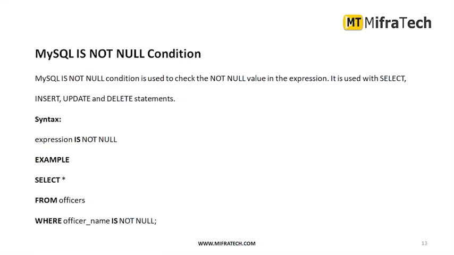NOT NULL, I have previously given the example. The MySQL IS NOT NULL condition is used to check for a non-NULL value in the expression. It is used with SELECT, INSERT, UPDATE or DELETE. We can use the same syntax: expression IS NOT NULL. Example: SELECT * FROM officers WHERE officer_name IS NOT NULL.